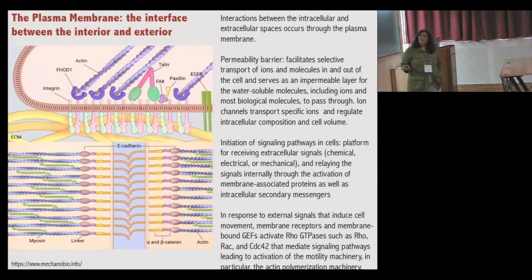And I said that a special class of molecules that allows cell membranes to be mechanical hubs in the cell are adhesion molecules that either link the cell to the substrate, as you see here, or one cell to the other, as you can see here.